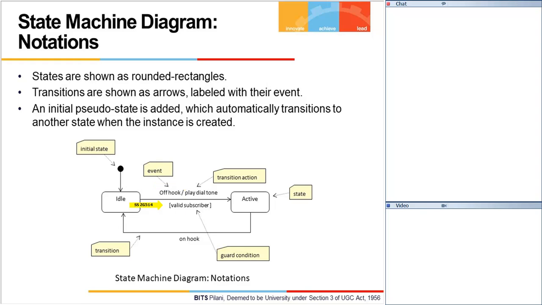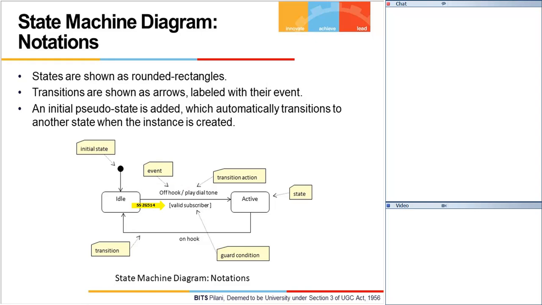Below the label, there is something written here, which is put into square brackets. This is called guard condition, right? It is not necessary that you write it below the label. Below the transition arrow, you can write it anywhere, but it should be along with the transition label, right?